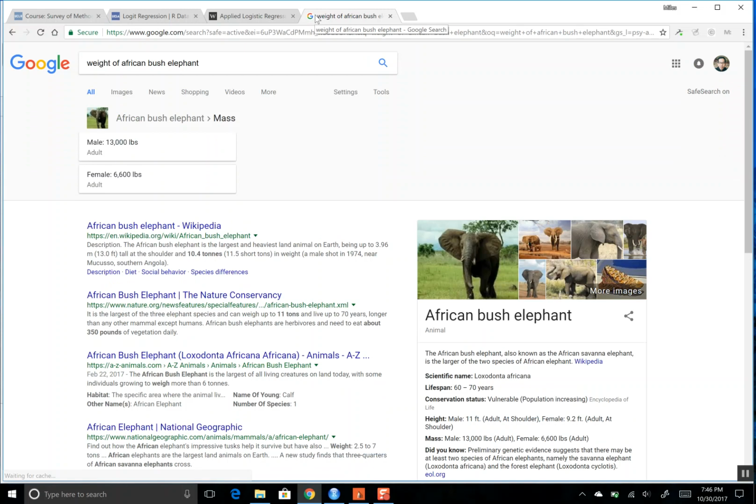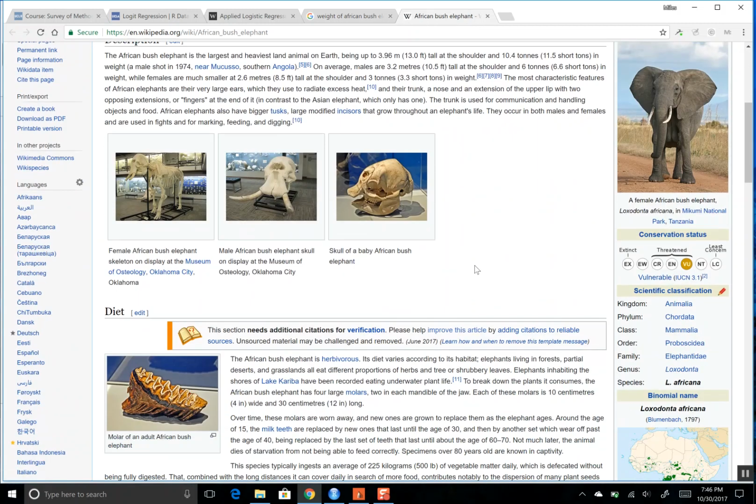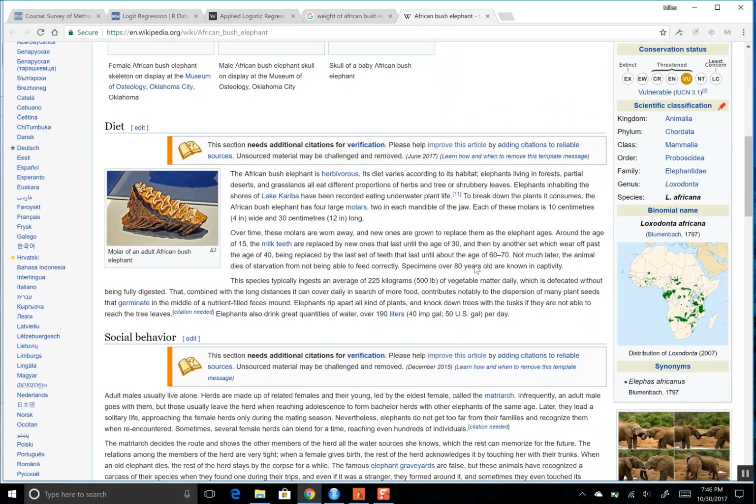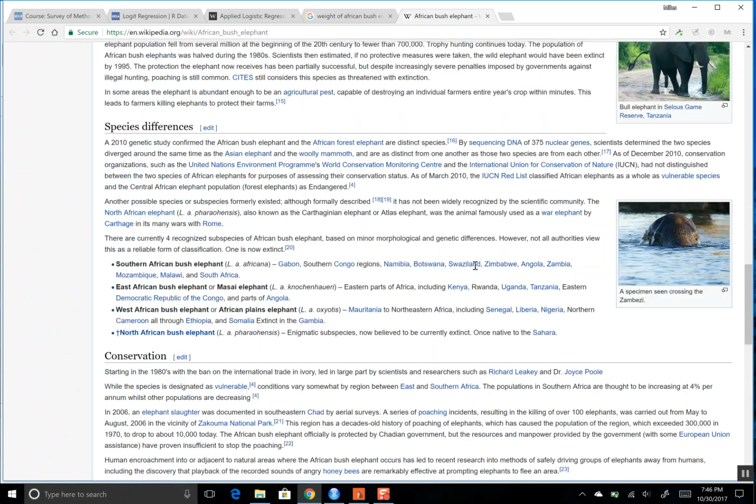Let's find. All right. So the average weight of, I need a standard deviation, but let's make some numbers up here.